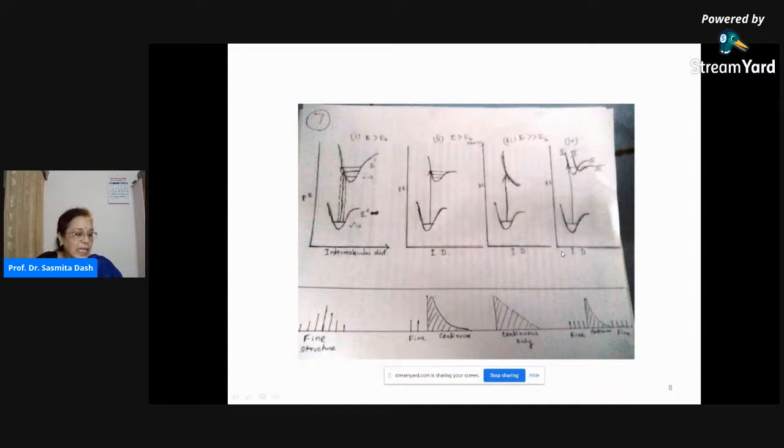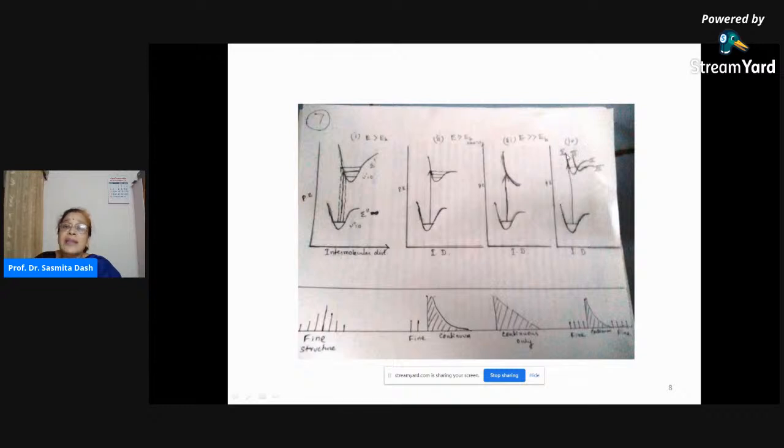Coming to the fourth category. Here, the absorption of light by a molecule may raise it to a stable higher electronic state. As you see, I have drawn two excited vibrational energy levels, which I have named 2 and 3.